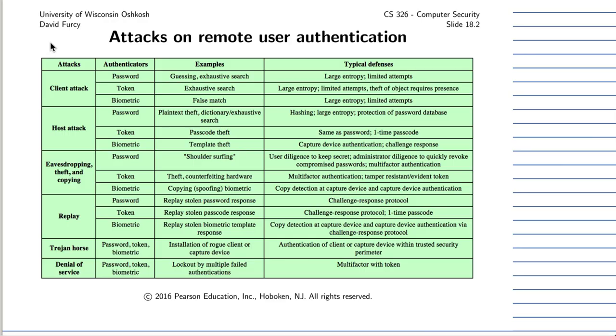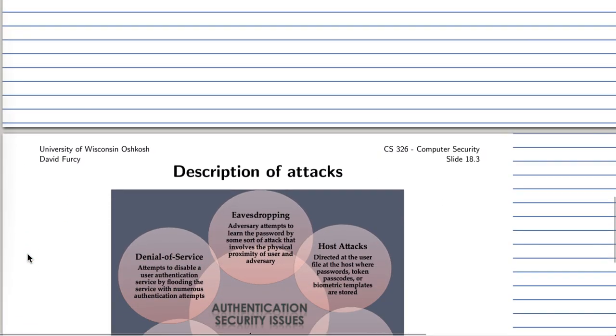These attacks are based mostly on the focus or the location of the attack, whether it's on the client side or the other side, meaning the host side of the authentication service, or on the communication link between the client and the host. And then we have also 3 other kinds of attack that we're going to talk about in a little more detail in this slide.